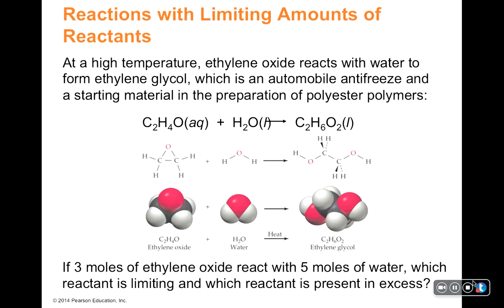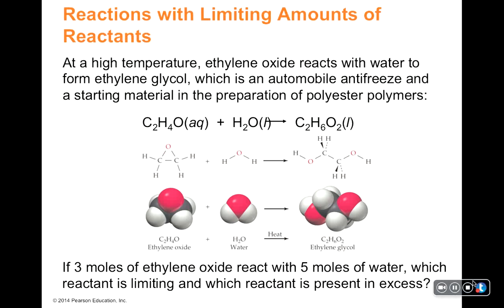If 3 moles of ethylene oxide react with 5 moles of water, which reactant is limiting and which reactant is present in excess? So one is limiting, one is going to be in excess. Remember that in a balanced chemical equation, the numbers that are in front tell you the relationship between any two things. That's that mole ratio that I talked about before.